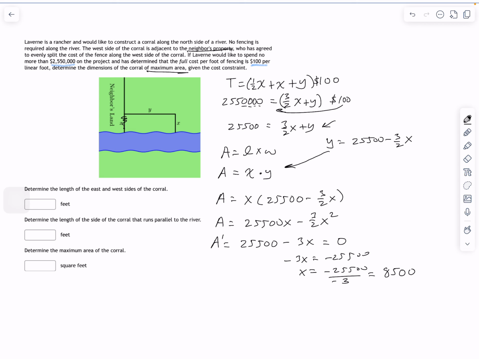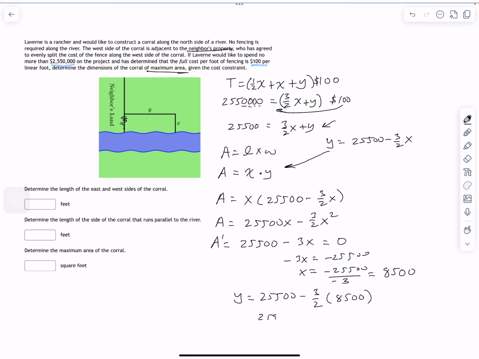So let's go ahead and solve for the y value. Our y value is equal to 25,500 minus 3 over 2 times 8,500.